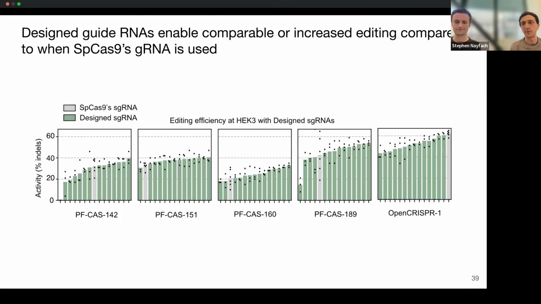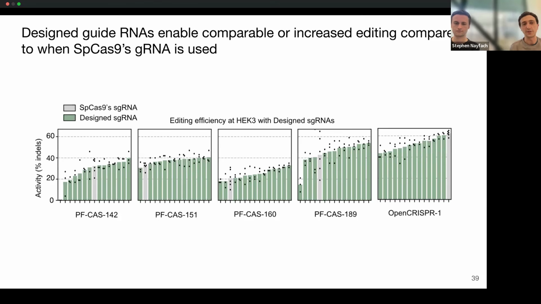And another experiment we did, we generated guide RNAs for OpenCRISPR-1, as well as 4 other generated proteins that showed some activity level. We tested these 5 proteins at a single genomic site, HEK3, using these synthetic guides, as well as SP-Cas9's guide RNA.